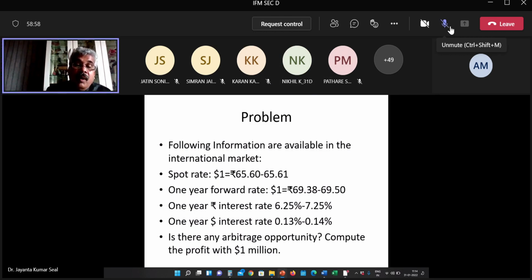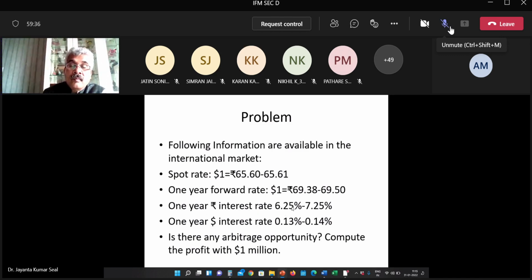If you want to buy $1, you will have to pay 65.61. If you sell $1, you will get 65.60. In this case, you are selling dollar. So how much money are you getting? 65.60 million rupees. If you invest 65.60 million rupees for 1 year, the rate of interest is 6.25%.